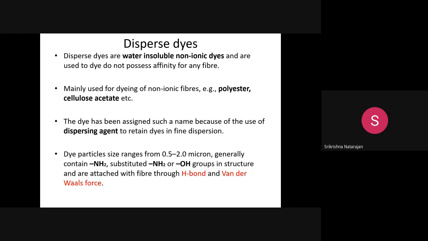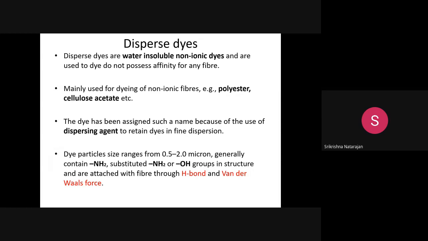If you see polyester, it is mostly made up of benzene rings. If you recall the polyester structure from the previous NFFP lectures, it has a greater presence of benzene rings and very, very little chance of water absorbing groups. So mostly the dye and the fiber are held through van der Waals force. You know what van der Waals force is?